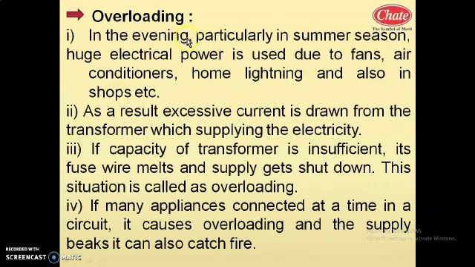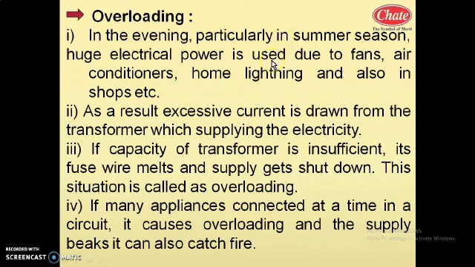So especially in a summer evening, electric power is consumed to a large amount.